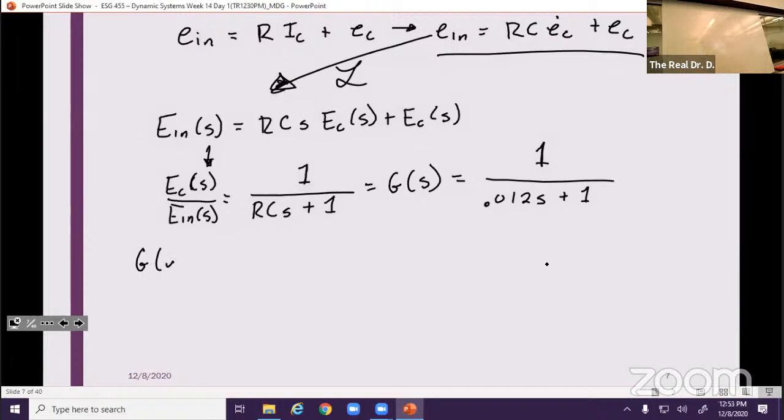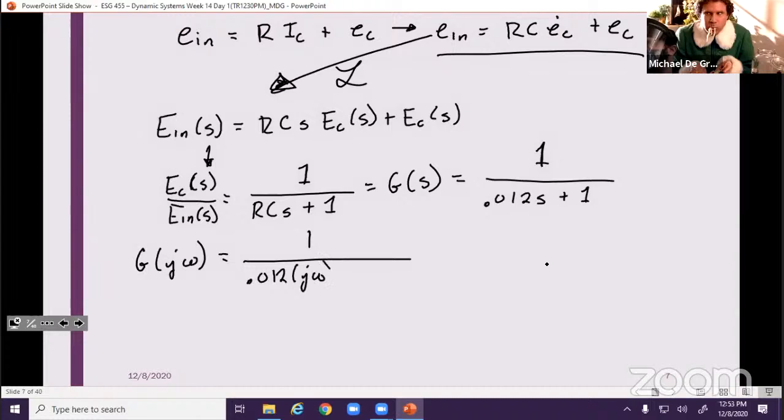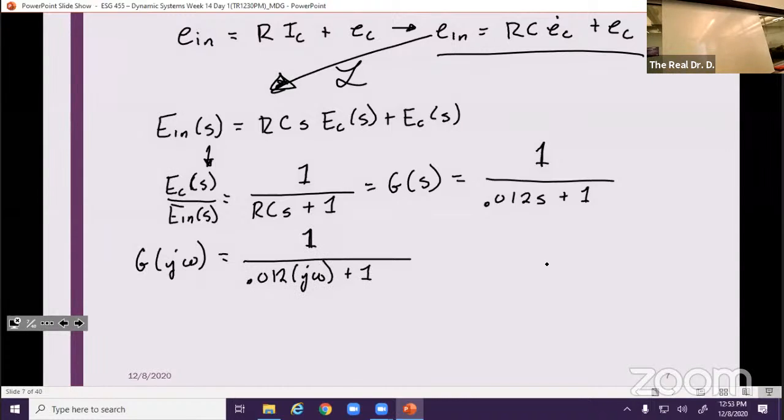Next step, sinusoidal transfer function. Right. That's it. That's the sinusoidal transfer function. Right, done. So what did the problem statement ask us for? It asked us for the frequency when the magnitude is cut in half, right?